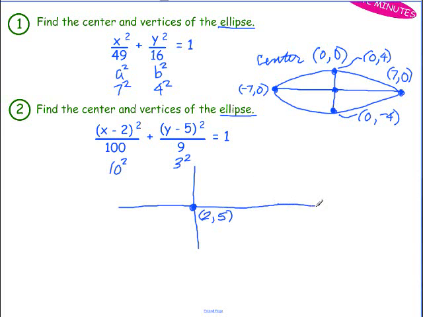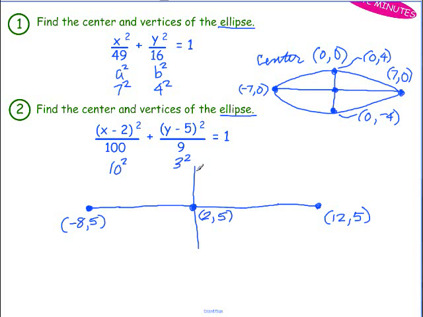So my vertices, I'm going to subtract 10 from this. I'll have -8, and I haven't gone up or down on my y, 5. This one, I'm going to add 10, that'll make it 12, 5.